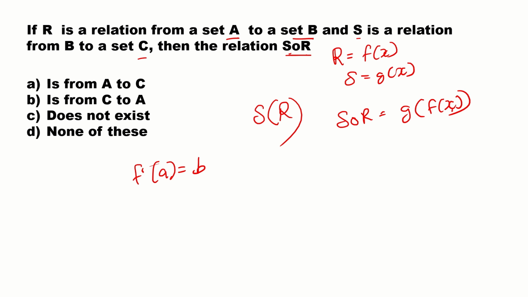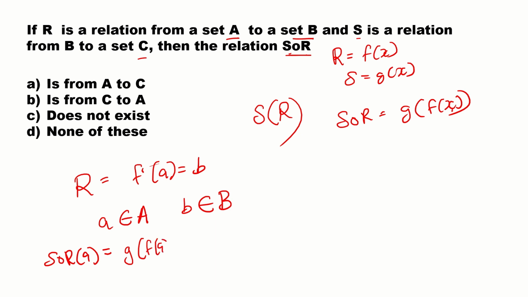According to the relation R, if R is a relation from set A to set B, then small a belongs to capital A and small b belongs to capital B, and then SOR of a would be equal to g of f of a, which is g of b.